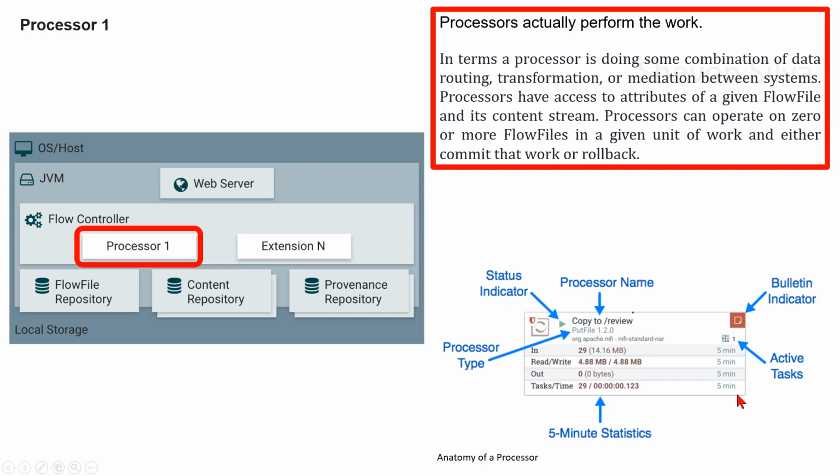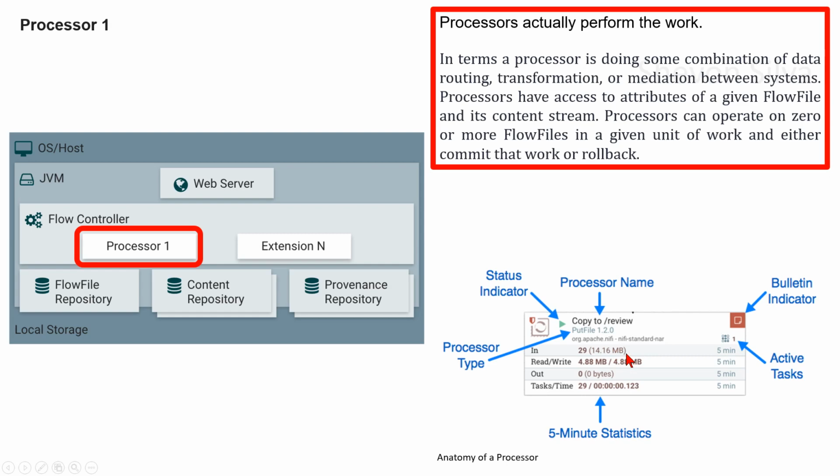If the NiFi instance is clustered, these values indicate how much work has been done by all the nodes combined in the past 5 minutes. These metrics are in the amount of data that the processor has pulled from the queue of its incoming connections.